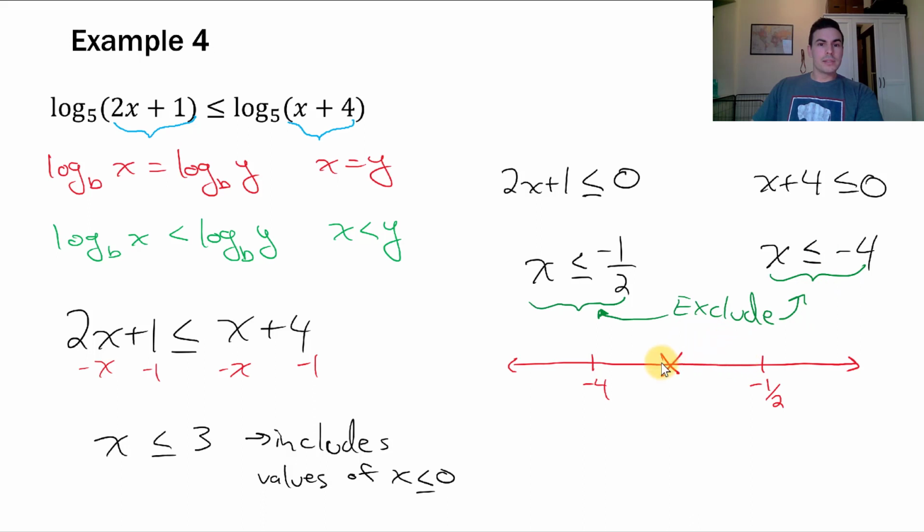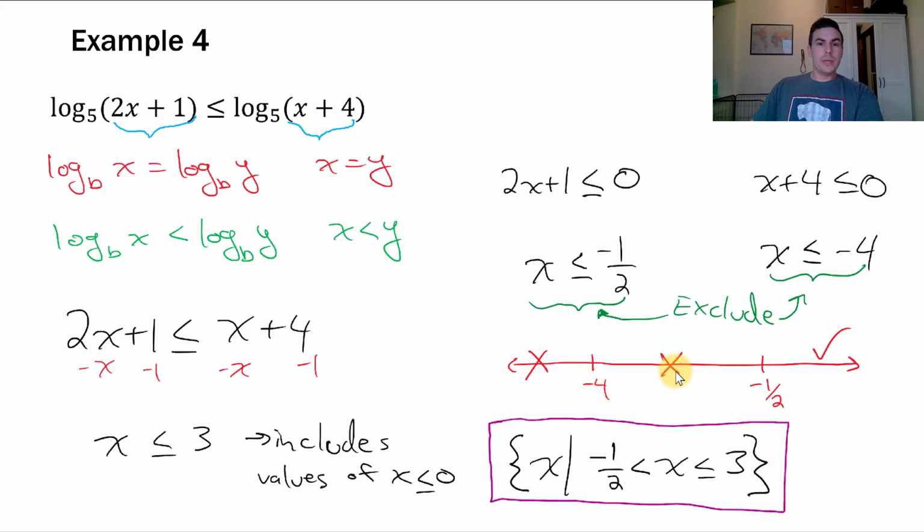Less than or equal to negative 1/2, put an x by that. Less than or equal to negative 4, I'm putting an x right there. Anywhere that's not within these two intervals is fair game for my final solution. So it's going to be negative 1/2 is less than x is less than or equal to 3.